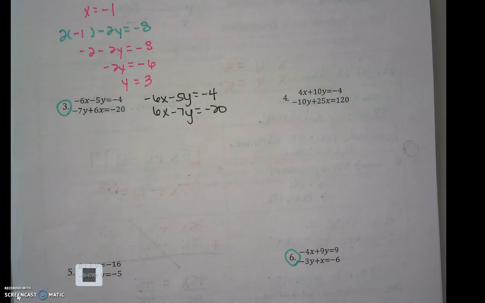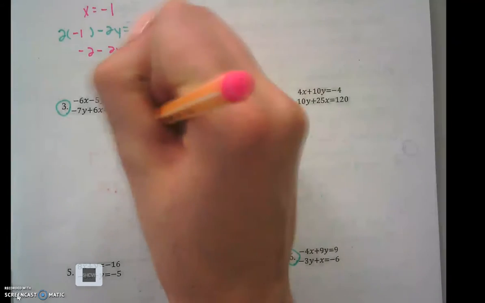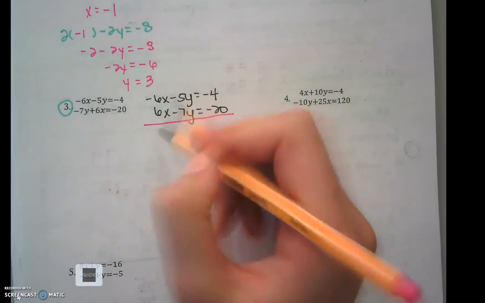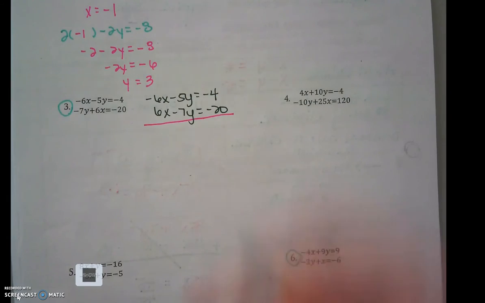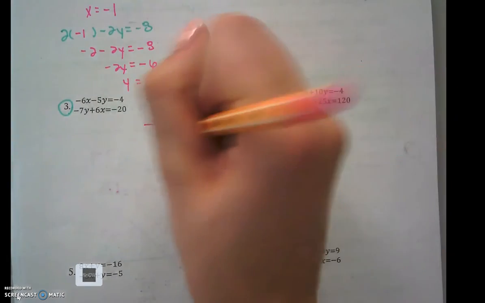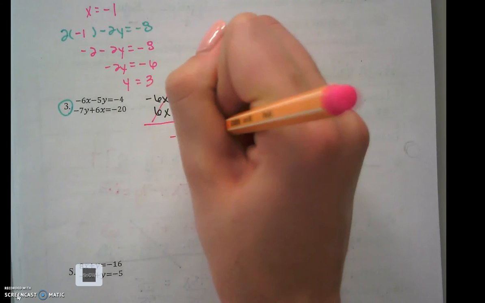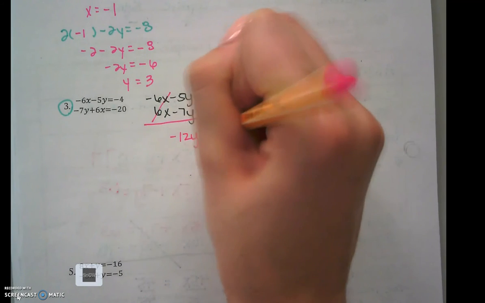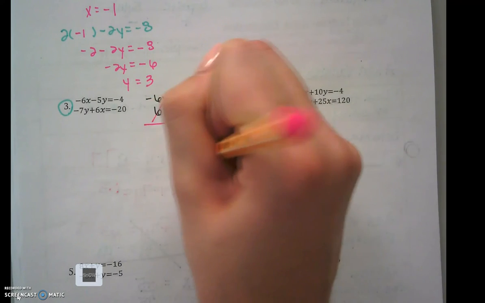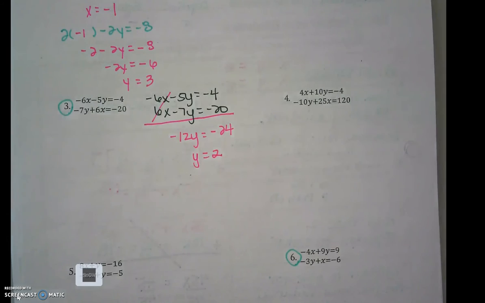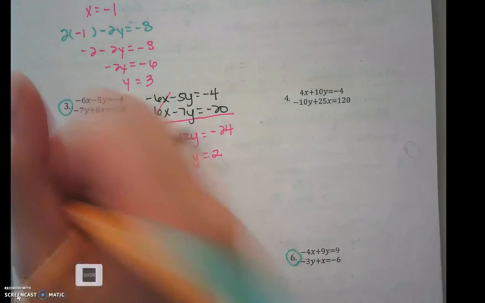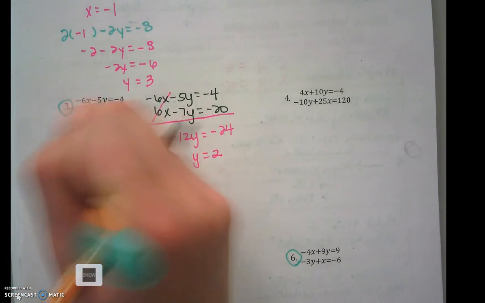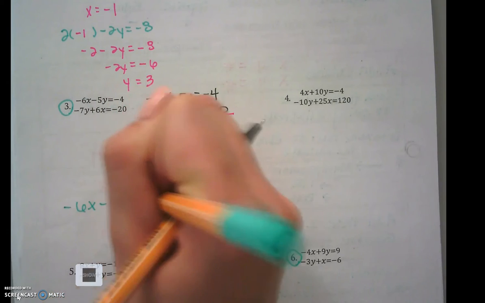And again, when I did that, I found a number that I could easily eliminate right away. So these will cancel. Negative 12y is equal to a negative 24. So y equals 2. And again, I'm going to go back to one of my original equations, negative 6x minus 5.